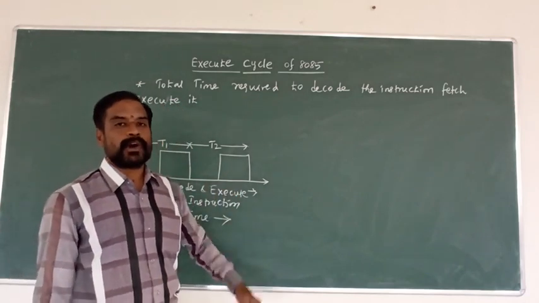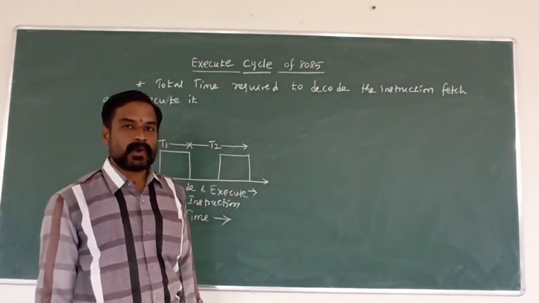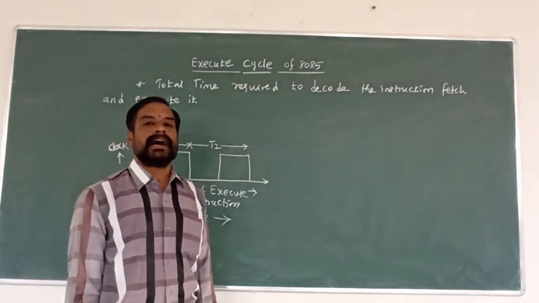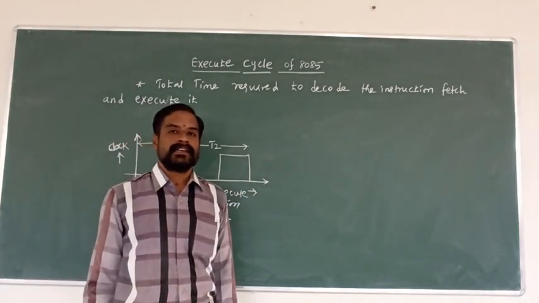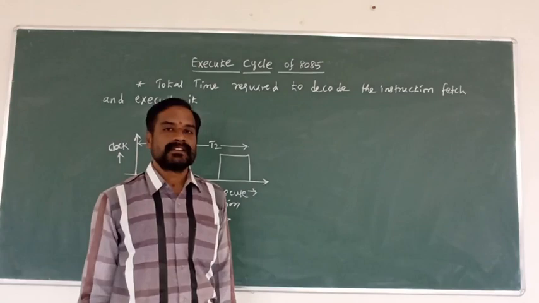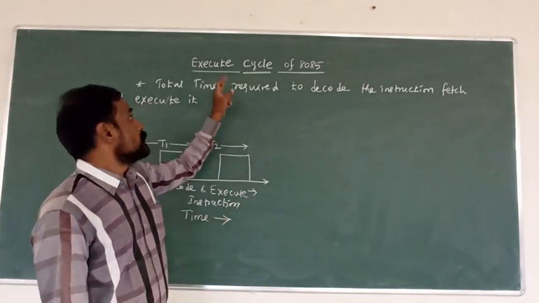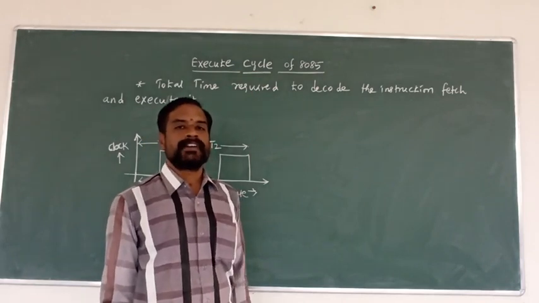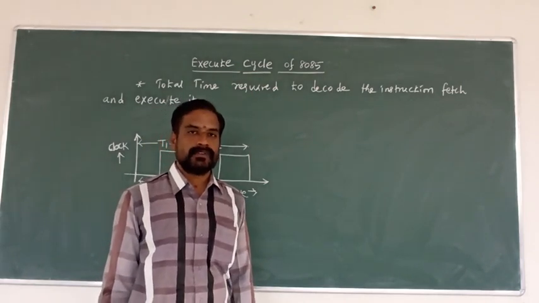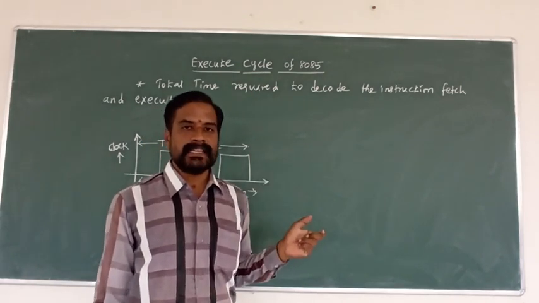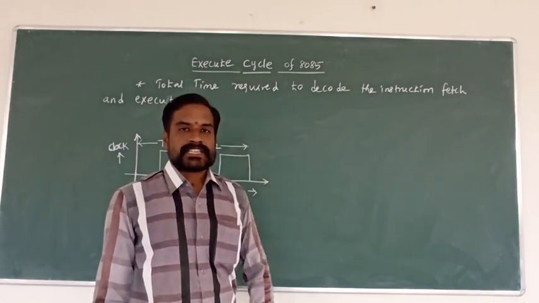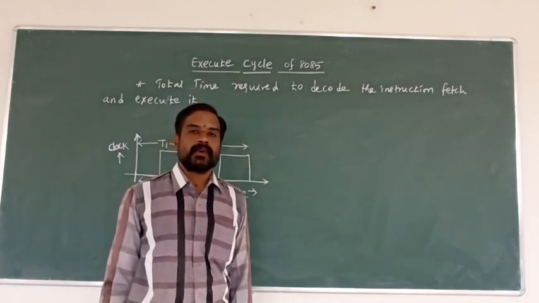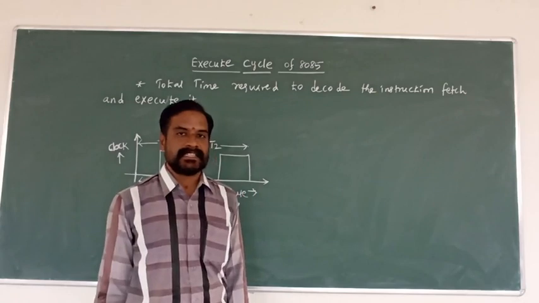Total time required to decode and execute the instruction. This is called execute cycle of the 8085 microprocessor. To execute the instruction, it requires two T states.